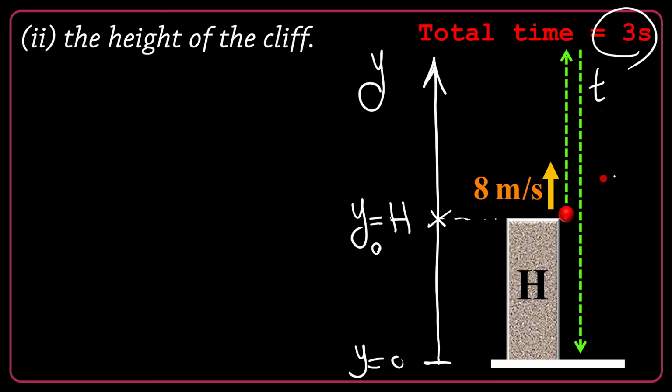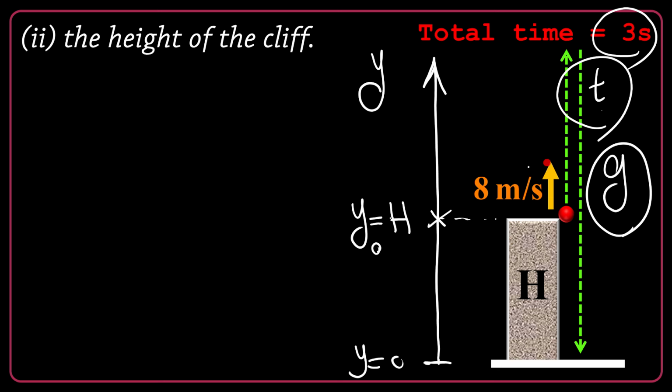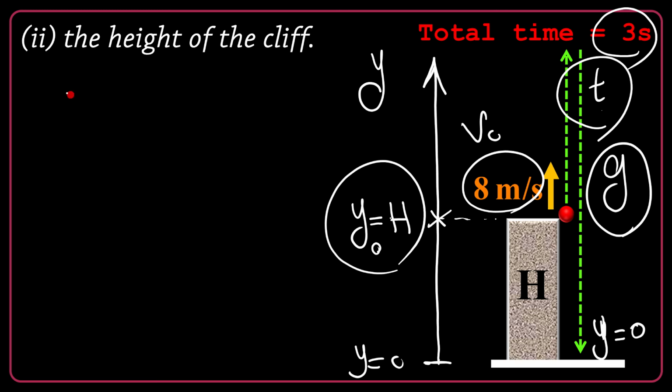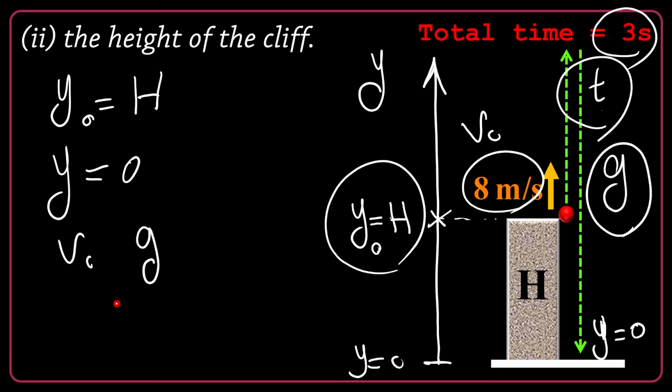So I know t, I know the acceleration, I know the initial velocity v naught, and I know the final position y, because y will be 0 when the object touches the sea level. But it starts from capital H. So I know that y naught is H, which is my goal, but the final position for the object will be y equals 0. Also v naught is given, g is given, and the total time is given.